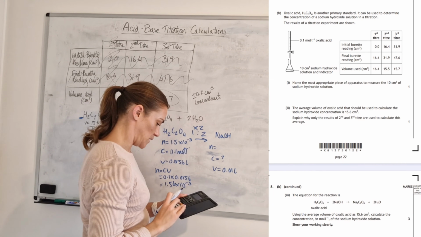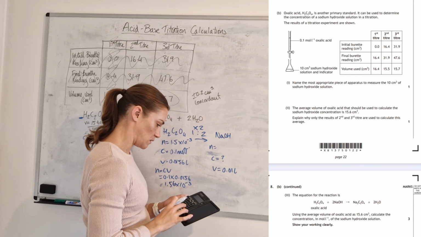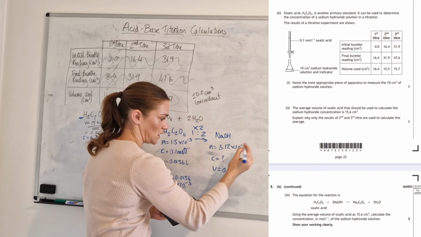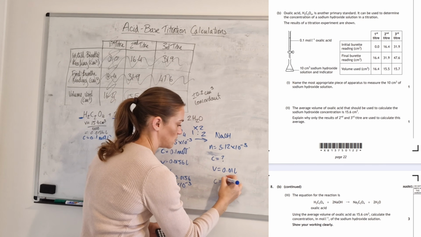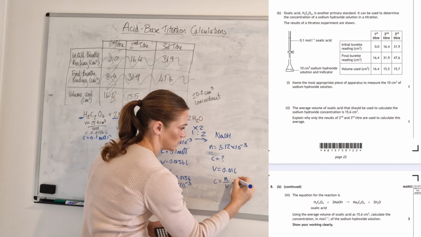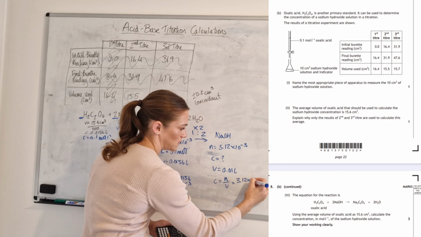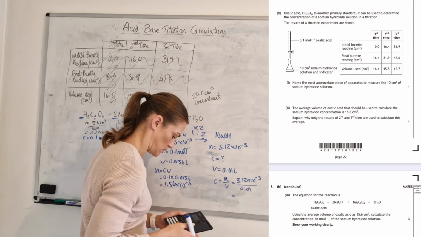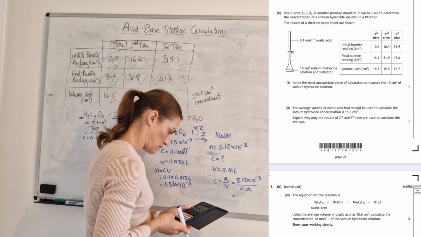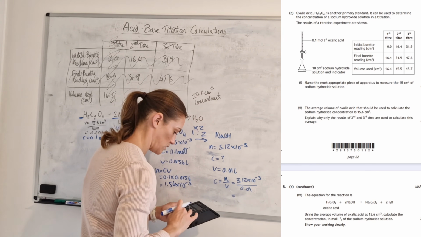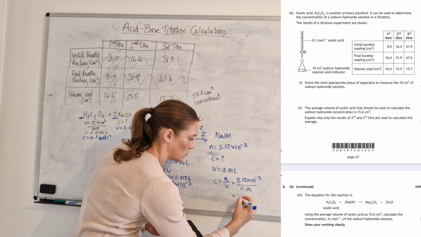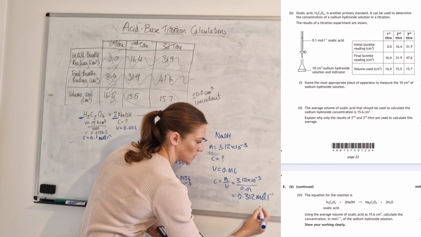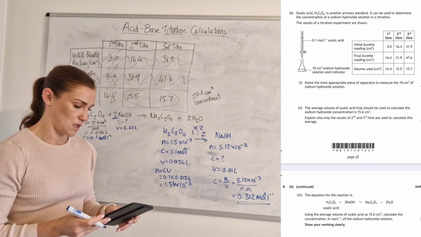So if we times that by 2, that gives us 3.12 times 10 to the minus 3. And then C is equal to N over V, so that would be 3.12 times 10 to the minus 3 over 0.01, which is 0.312, and that would be in moles per litre as well. And that's you.